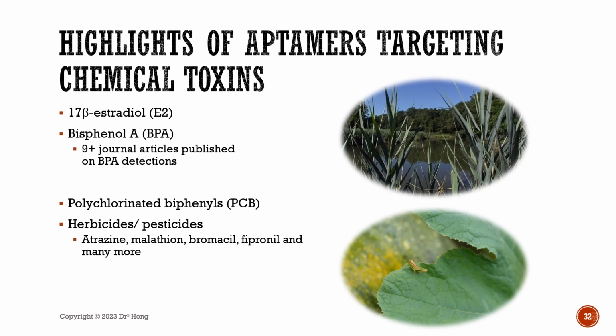Another one is polychlorinated biphenyl, PCB, used in various industrial settings and shown to contaminate water bodies and food sources. And other things such as herbicides and pesticides are always of interest, such as atrazine, malathion, bromacil, fipronil, and many, many more.